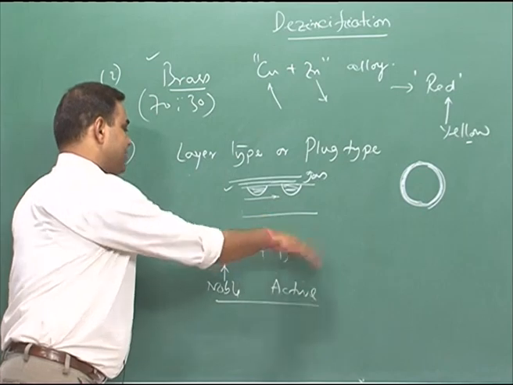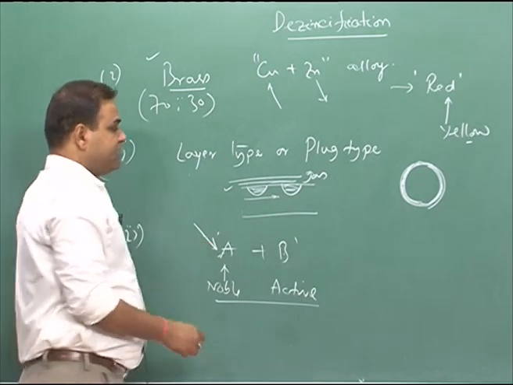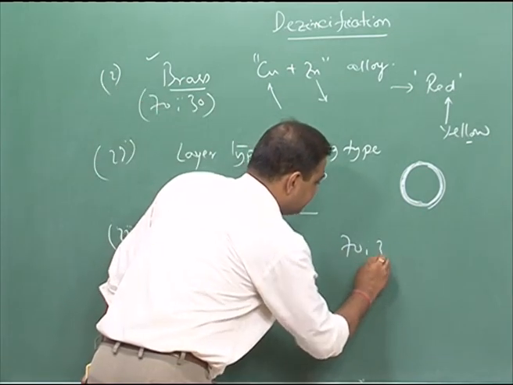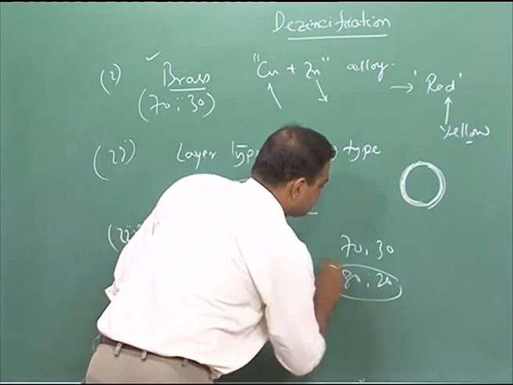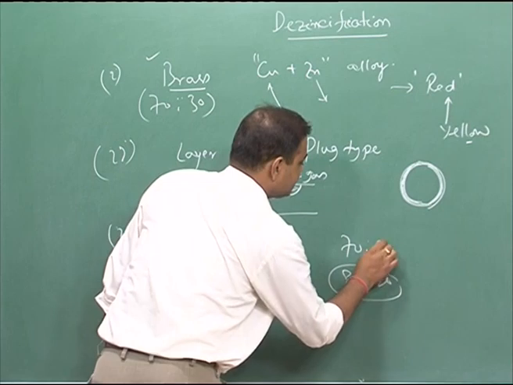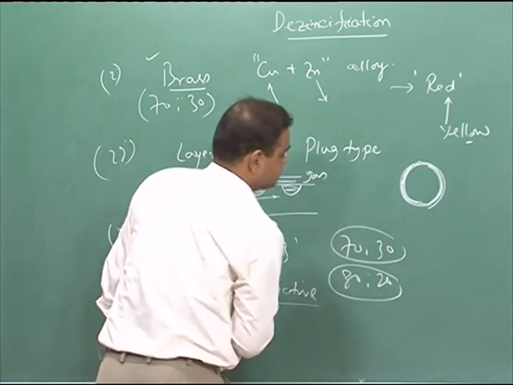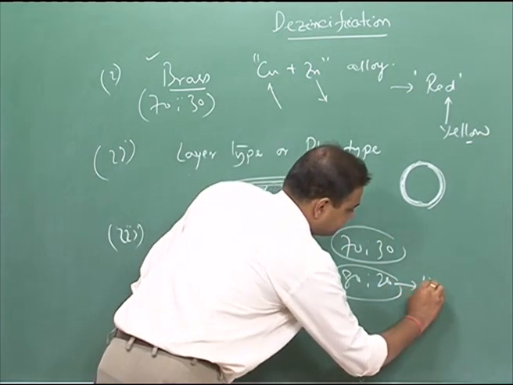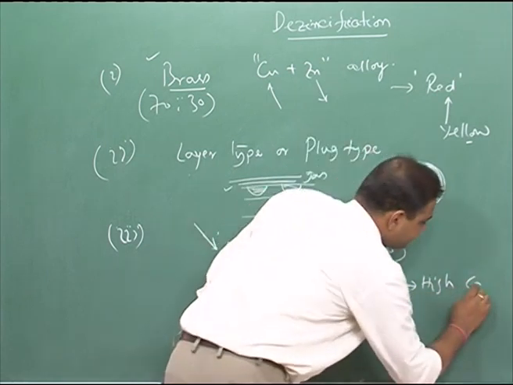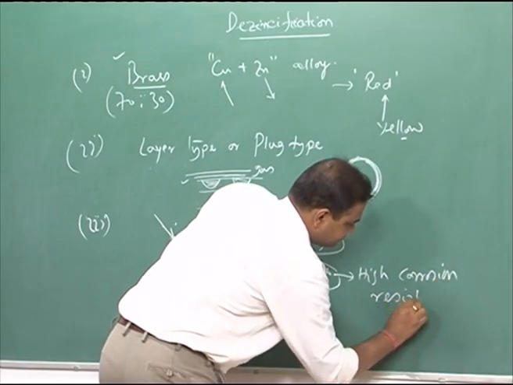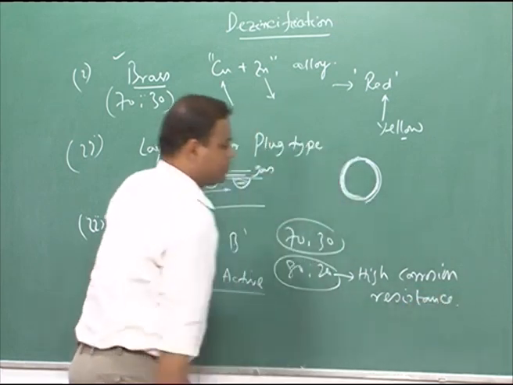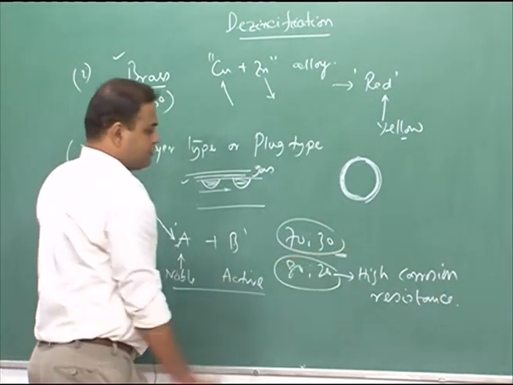That means, let us say I started with 70-30, if I go to 80-20, this brass will have higher corrosion resistance compared to this brass.